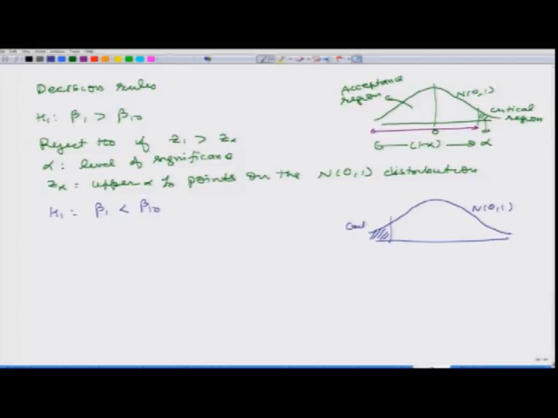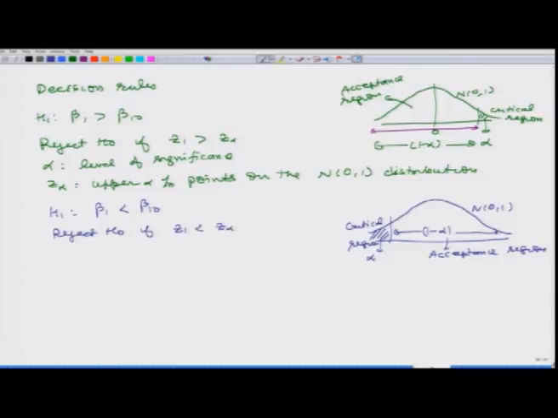This is our critical region of size alpha, and this is the acceptance region of size 1 minus alpha. Here, I would say reject H naught if Z1 is less than minus Z alpha.